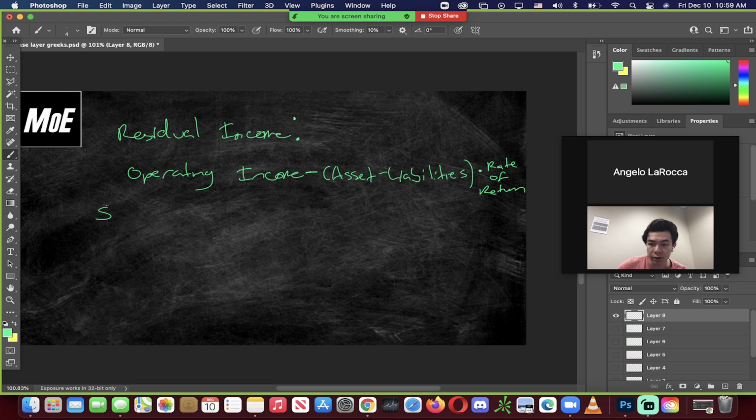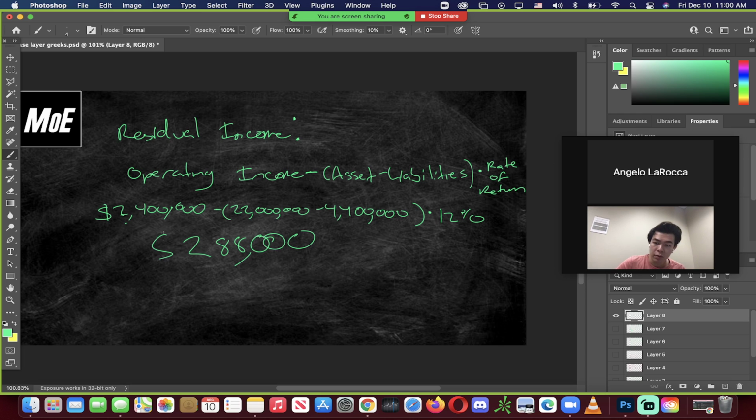So the oyster's operating income is 2.4 million minus assets, which is 22 million, minus liabilities, which is 4.4 million, and then we multiply by the rate of return, which is 12%. That's our residual income.